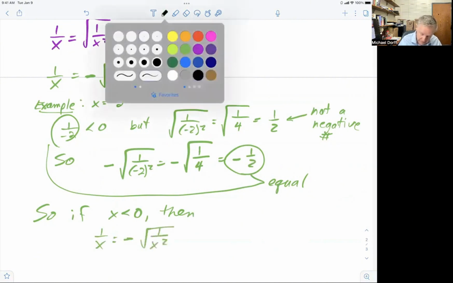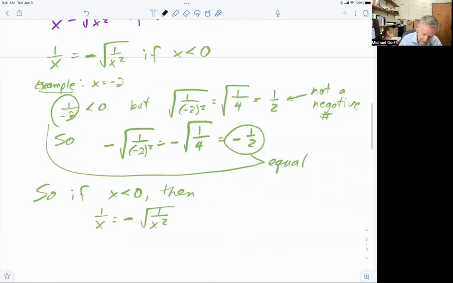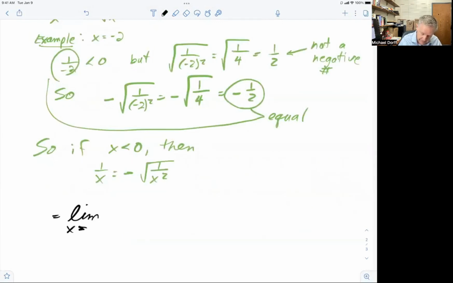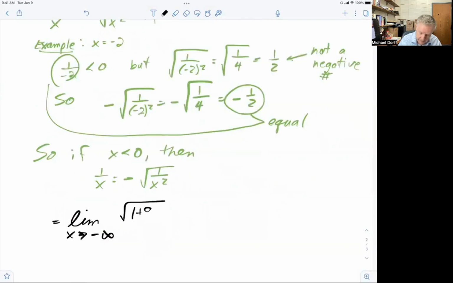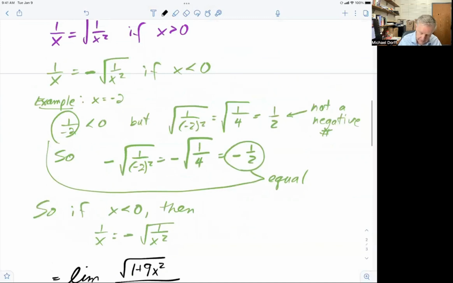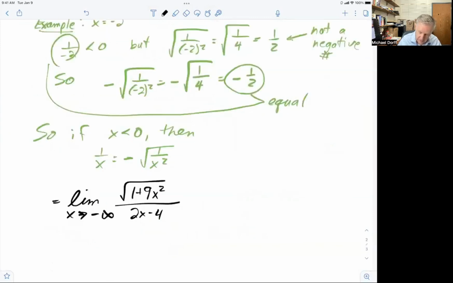So going back to our original problem, remember we had the limit as x was going to negative infinity, and we had on the top the square root of 1 plus 9x squared, and in the bottom we had 2 minus x. Wait, the bottom is 2x minus 4, and we were multiplying the bottom by 1 over x. We need to multiply the top by a negative square root of 1 over x squared.